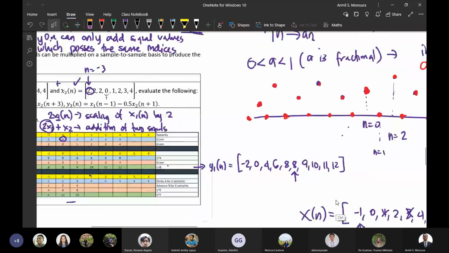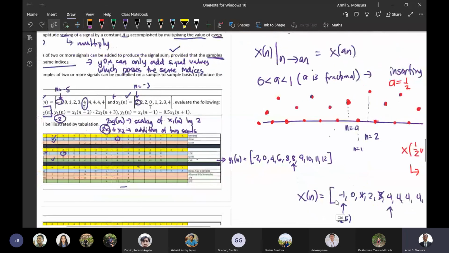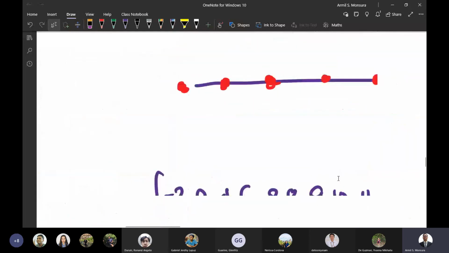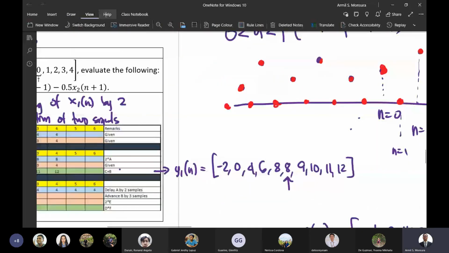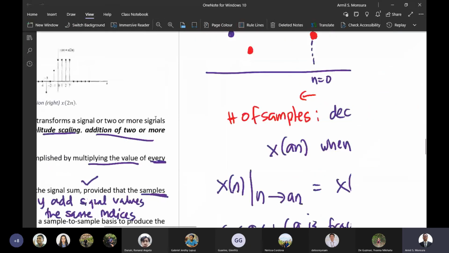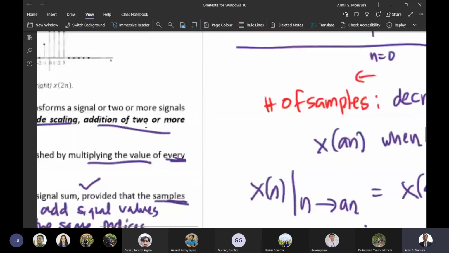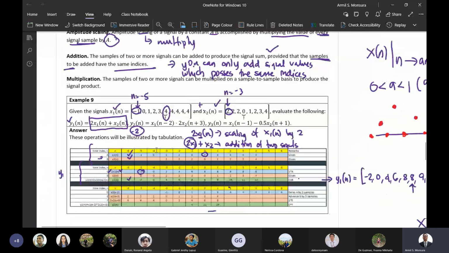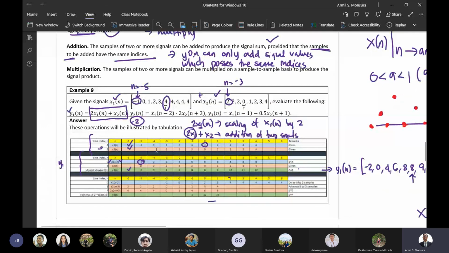So, yung mga examples dito, if you are to look at them with a more careful studying, ma-discern nyo naman yung pattern in terms of how these operations are performed.